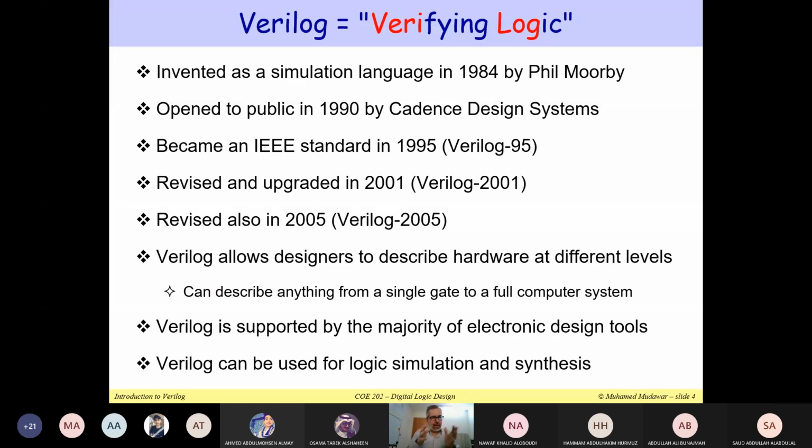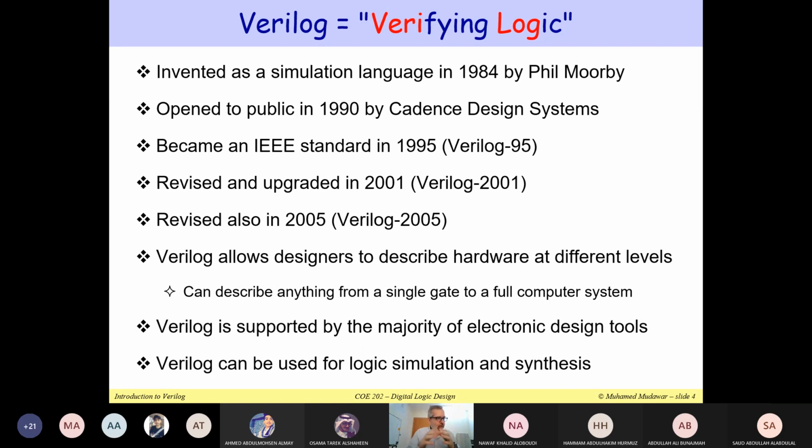Let me introduce Verilog. The word Verilog comes from verifying logic. So you can take here veri and logic. Back in the 1980s, when circuit designers wanted to design complex circuits, they wanted to verify the correctness of these circuits. To verify them by hand is really difficult.